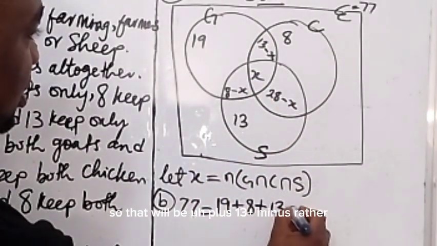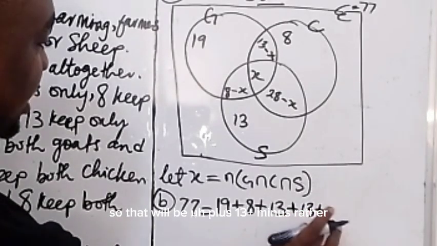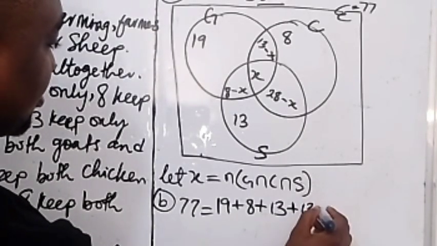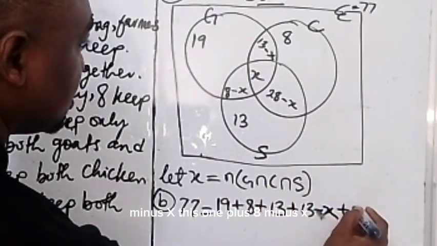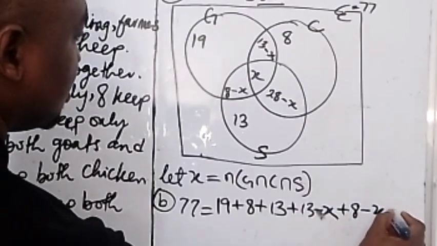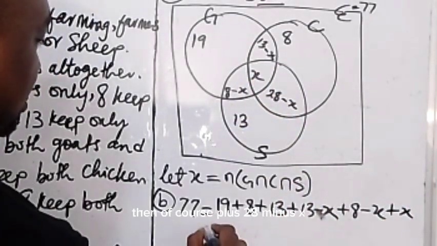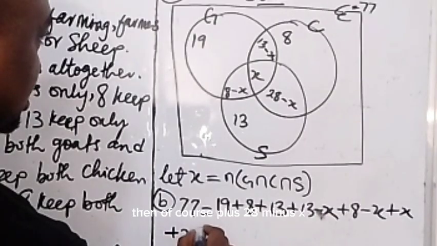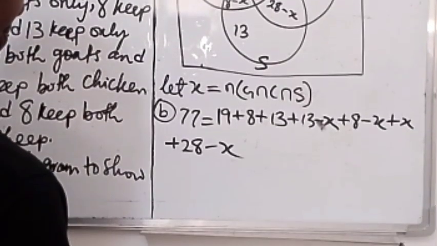So that will be plus 13 minus X, plus 8 minus X, plus X, that is here. Then, of course, plus 28 minus X. So let's see how I can take some off and keep some.